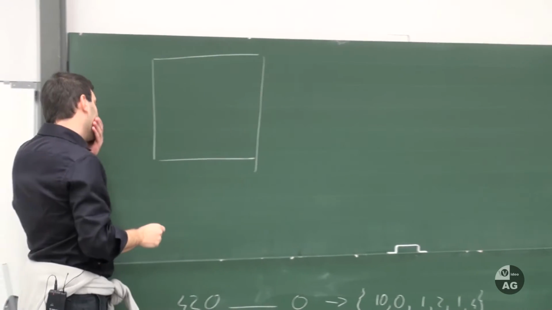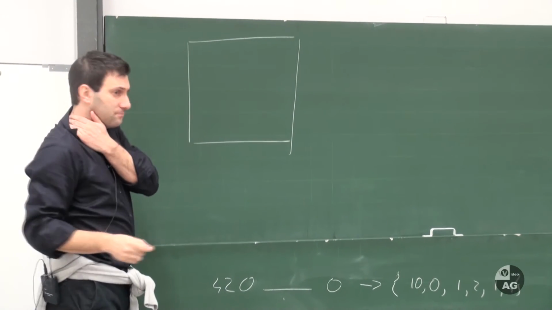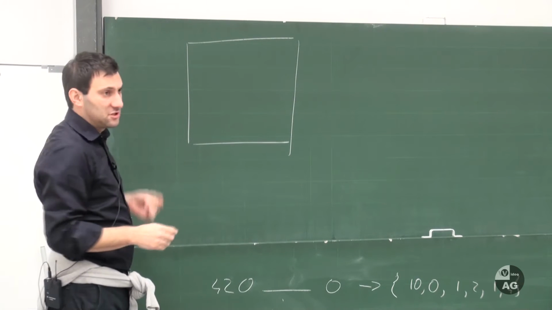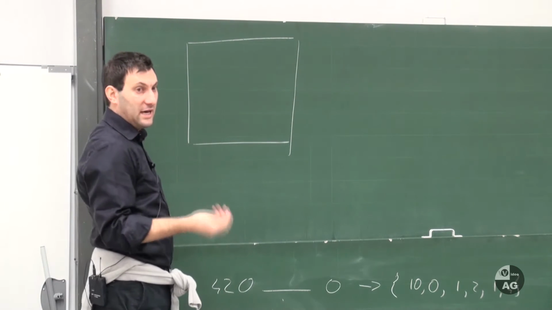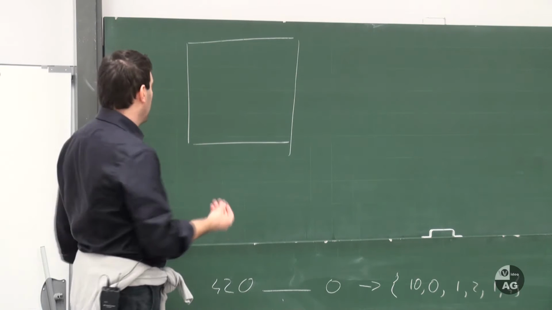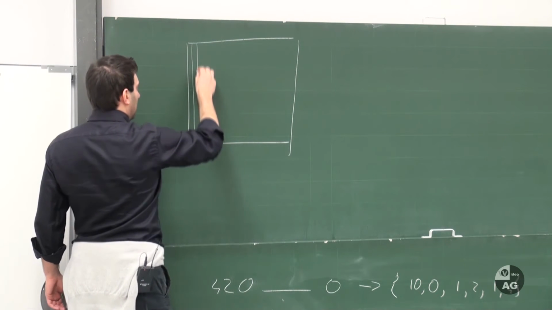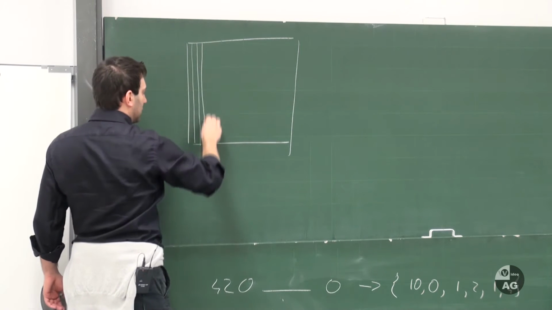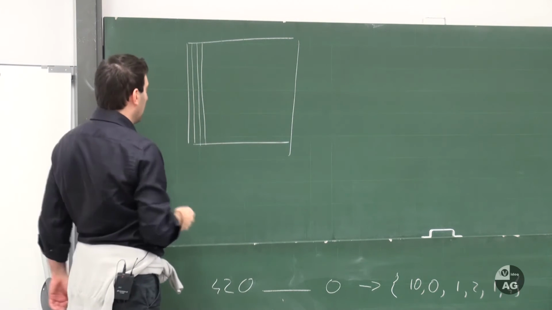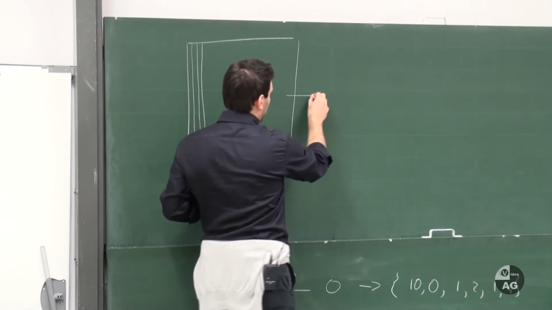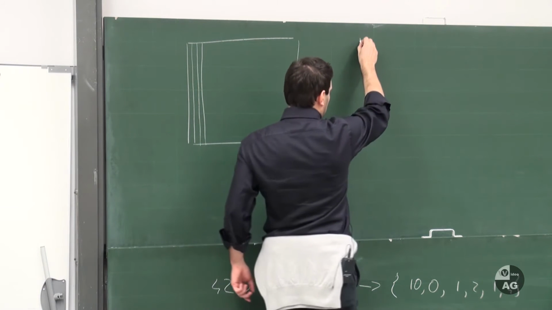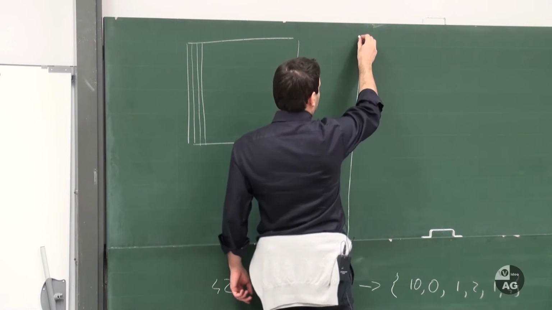We are now in memory, and we have a matrix. A matrix is a two-dimensional object. Too bad that memory is a one-dimensional object. So since we are in Fortran, the matrix will be stored by columns. What does it mean? It means that this beast is a very, very long array.